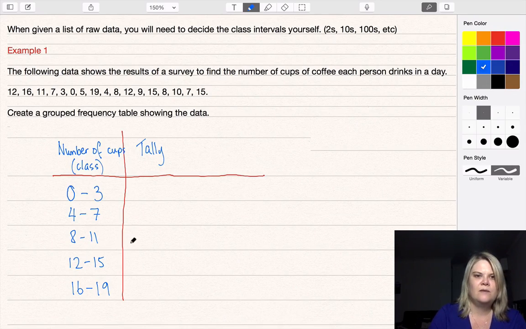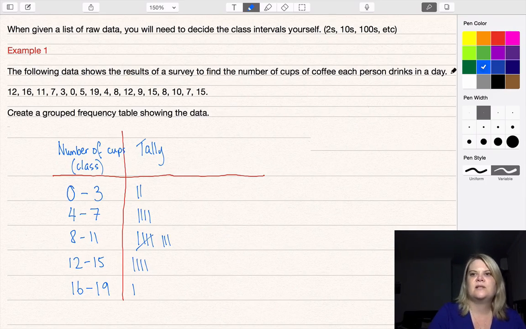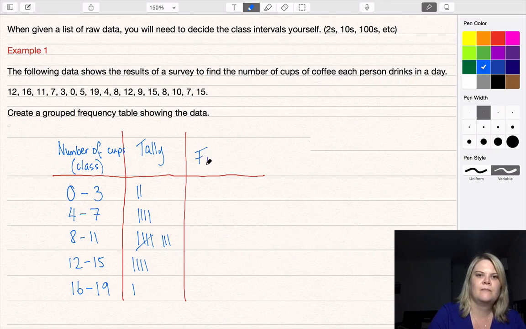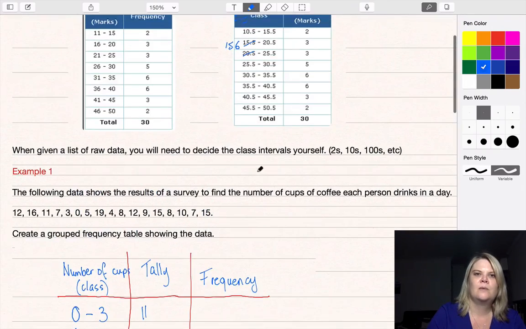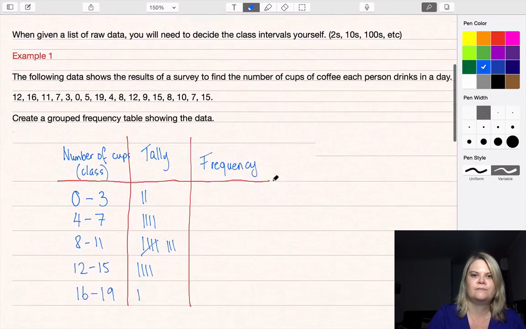Start with a 12, and that would go in here, so put a 1, a 16 goes here, 11 goes here, and keep going with your tally. Once you've got your completed tally, you can fill in the frequency column, which is the last one, which I've put in the far right hand column.